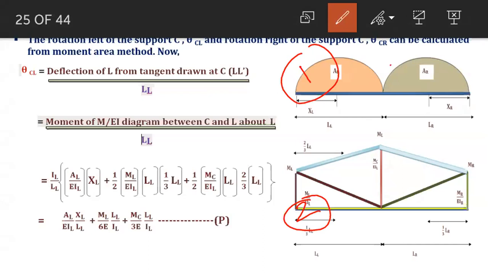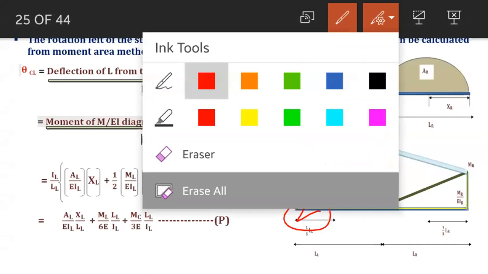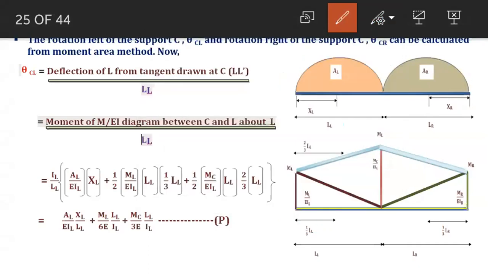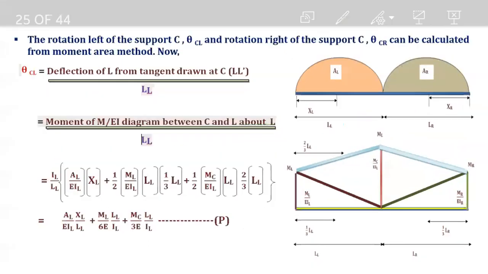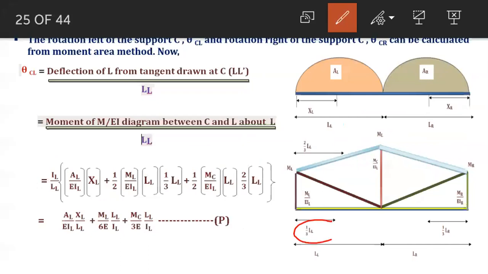Its centroidal distance is one third from the base. Next, the third diagram: half into MC by EIL into the length of the member, into 2/3 of LL. That is for the third diagram.